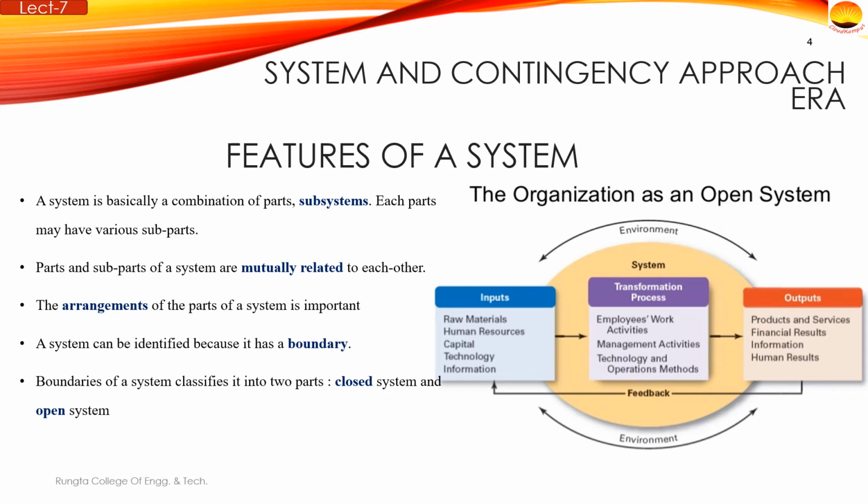Closed system is like a lab, which is not affected by the outside environment because there are various experiments going on. Open system is one which interacts with the environment. So organization is always an open system. It takes input from the environment and gives output. System transforms input into output, like we have seen in this diagram.